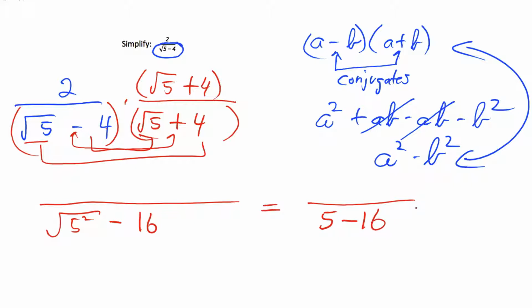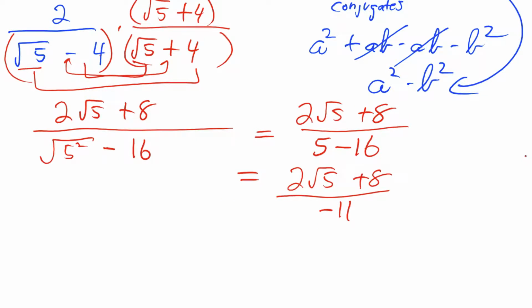You'll notice we have no radical left in the denominator. On the top, we have one term multiplied by 2, so we have to distribute that. We could leave the answer like that, but we usually like to keep things with a positive denominator. So I could multiply numerator and denominator by negative 1 and leave my answer like that.